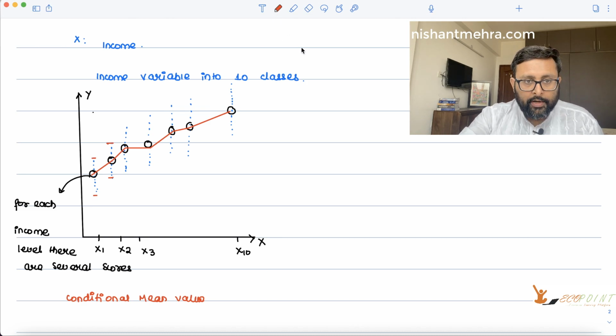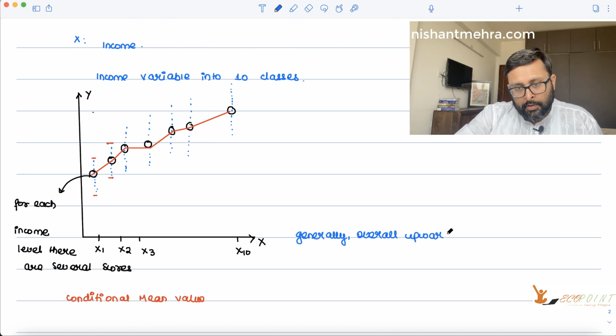So there is an overall upward trend in CBSE scores.